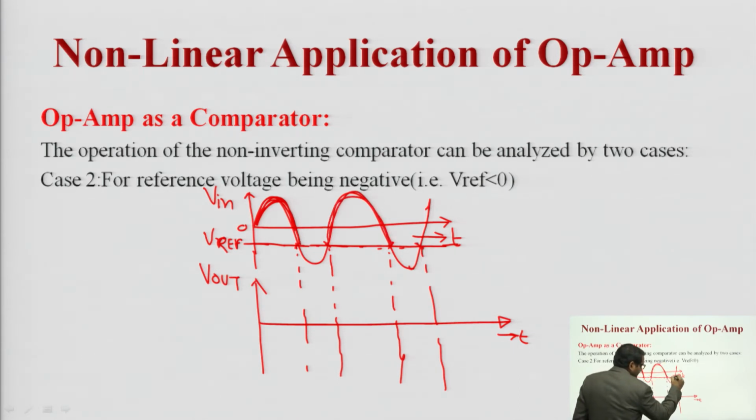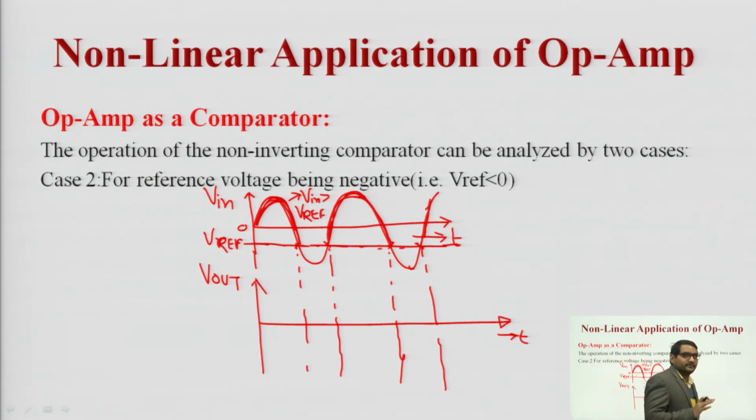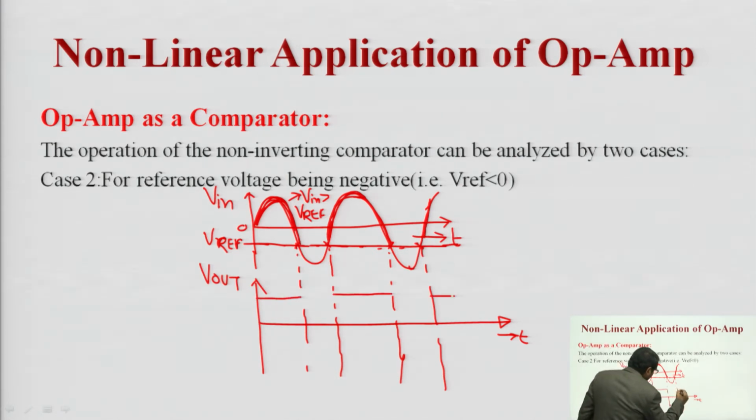For all this we can say that V in is greater than V reference, means V plus is greater than V minus, then the output for this region is plus V set, V out is plus V set.